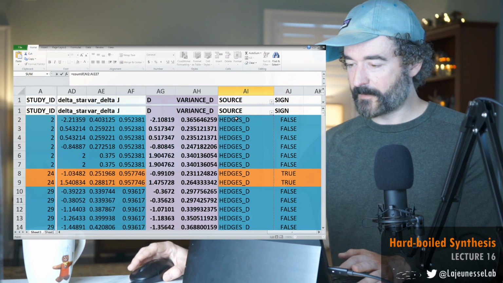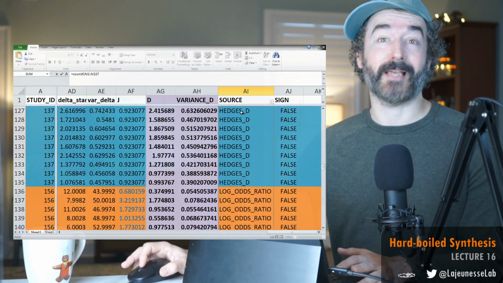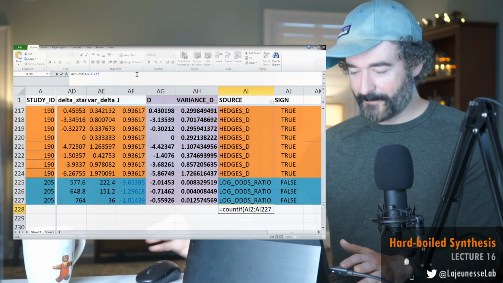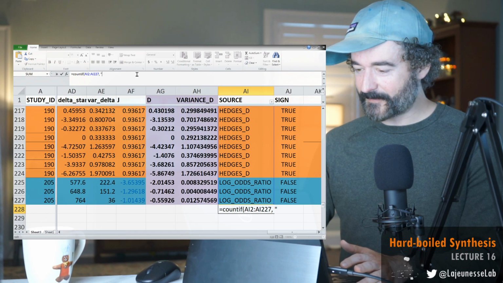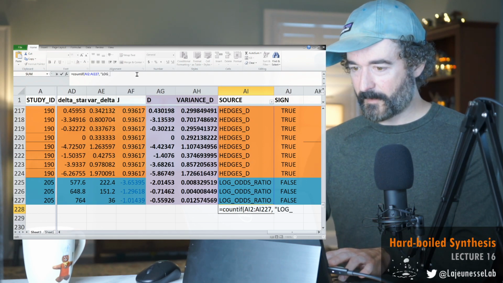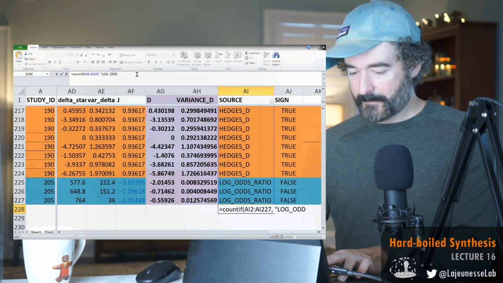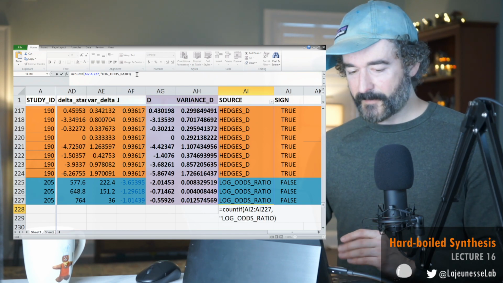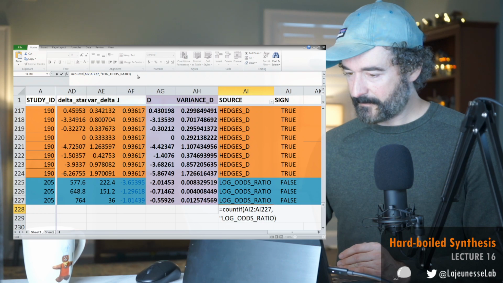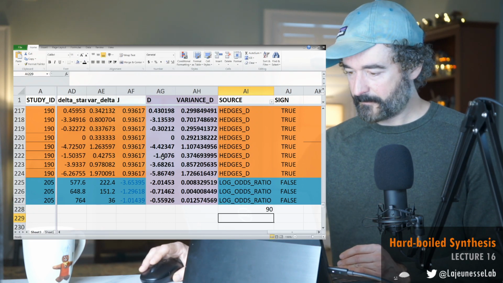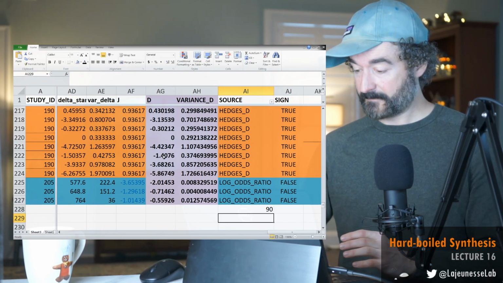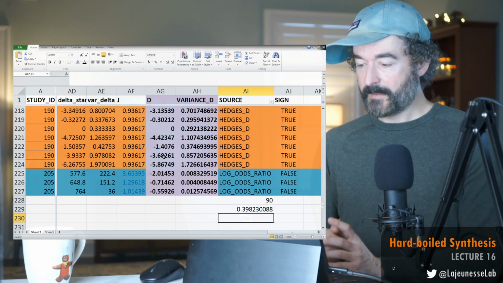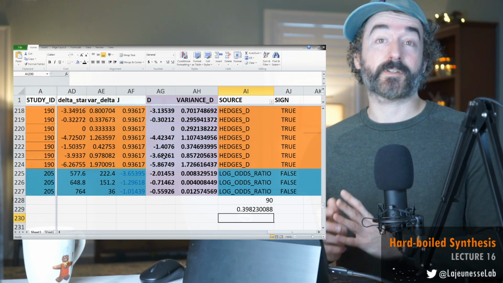I'm sure there's a quicker way to do this, but I'm in Excel. I mean, I'm not working under optimal conditions to begin with. Log odds ratio. So out of the 226, 90, about 39% were log odds ratios.